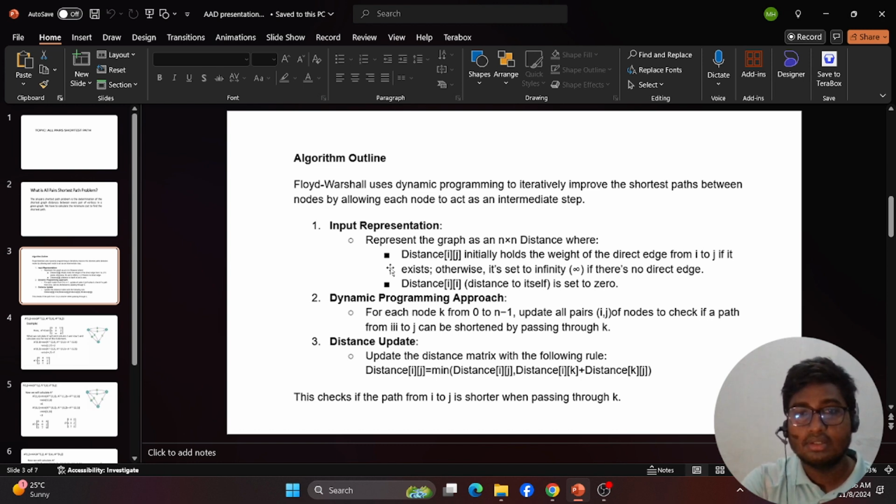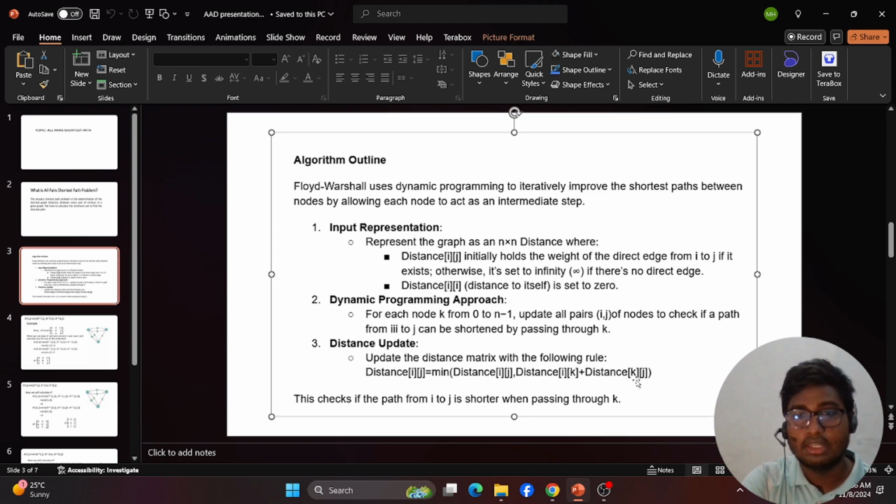Now we update the distance matrix. Distance matrix [i][j] is the current shortest distance from i to j, distance matrix [i][k] is the shortest distance from i to k, and distance matrix [k][j] is the shortest distance from k to j.